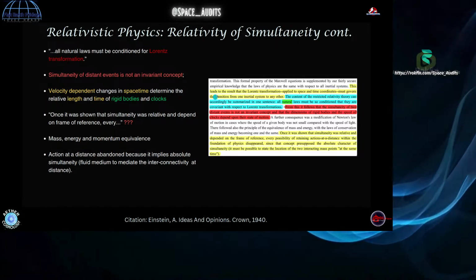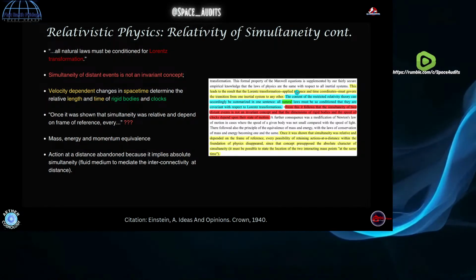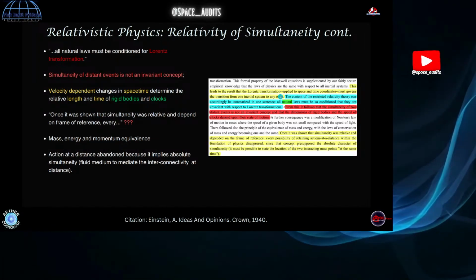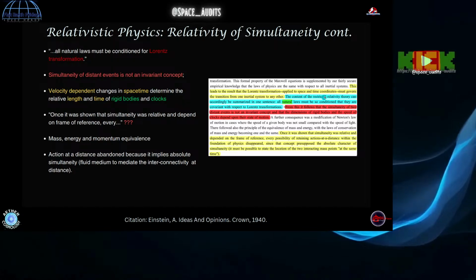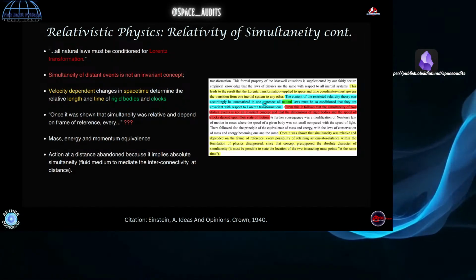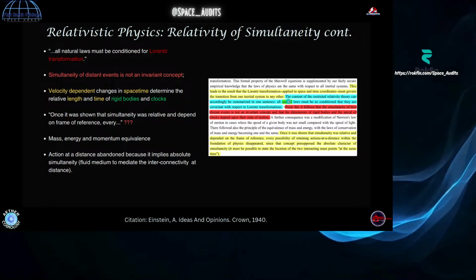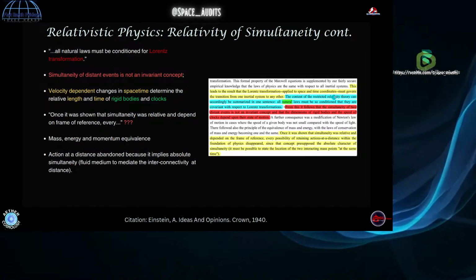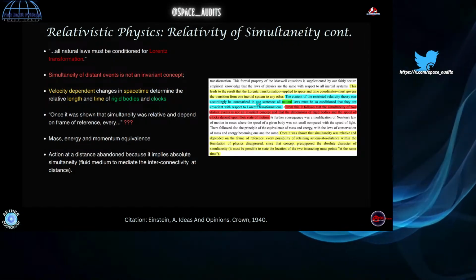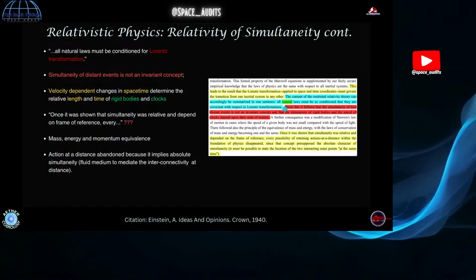So this leads to the result that the Lorentz transformation applied to space-time coordinates must govern the transition from one inertial system to another. In the context of special relativity, the theory can accordingly be summarized in one sentence: all natural laws must be conditioned so that they are covariant with respect to Lorentz transformation. And we'll go over what that means here in a second.